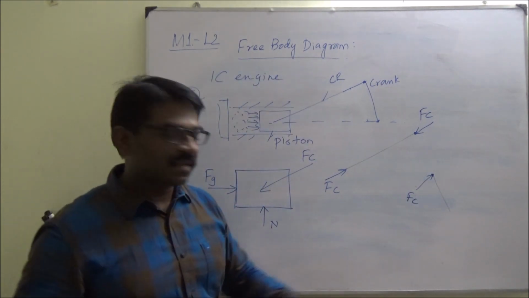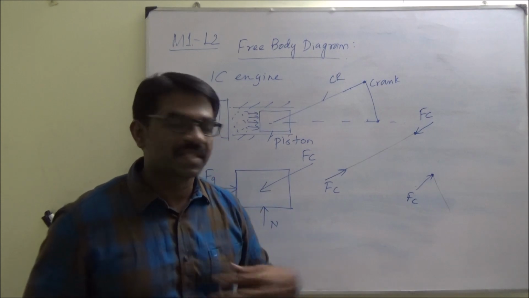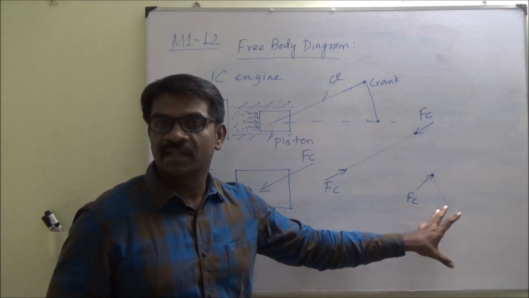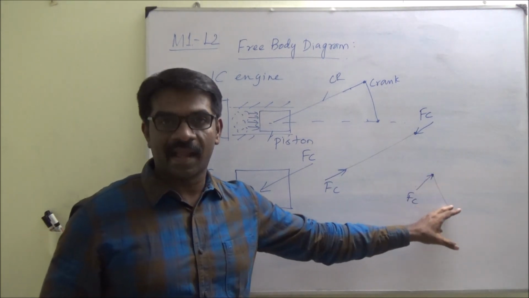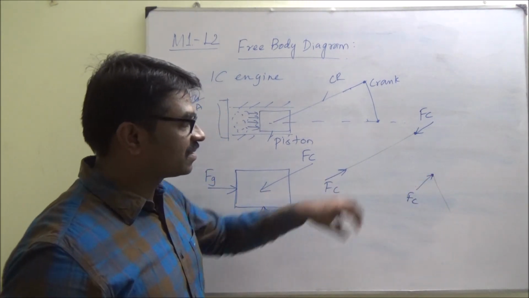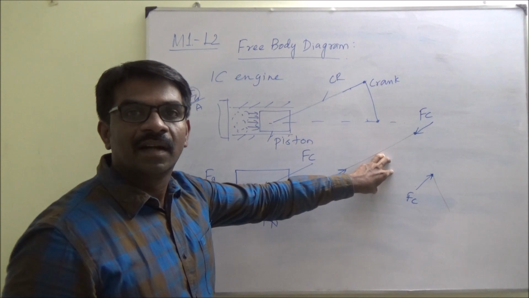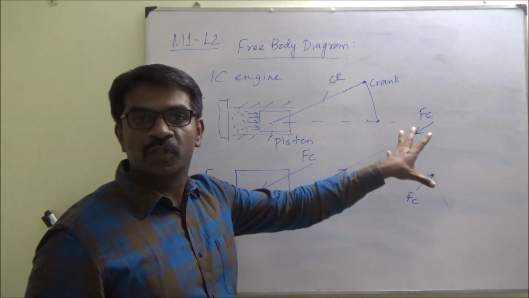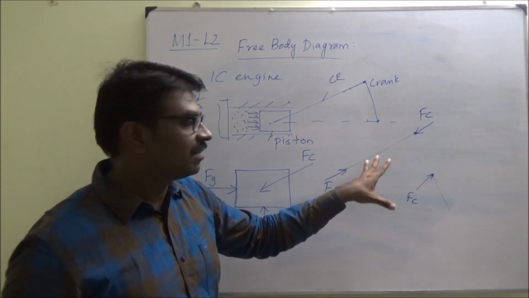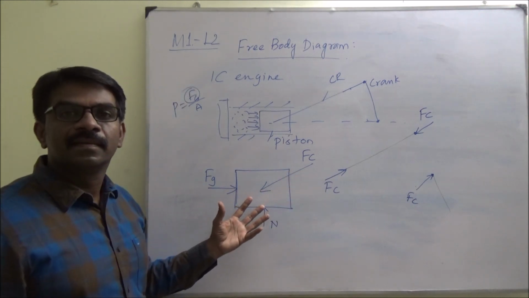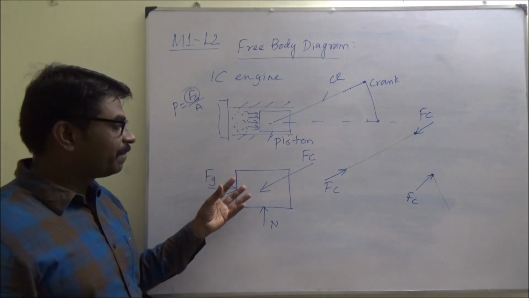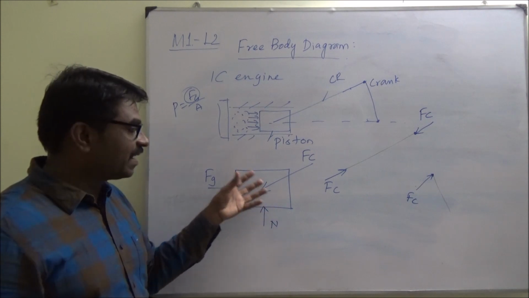If my interest is the crank, I will look at what are all the forces acting on the crank. If my interest is the connecting rod, I will look at only the forces acting on the connecting rod. My interest is the piston, for the static analysis.